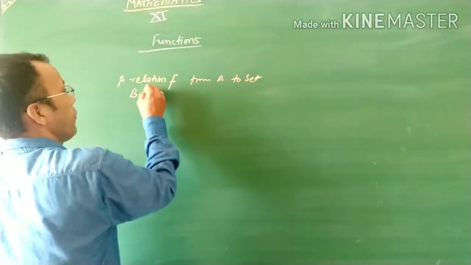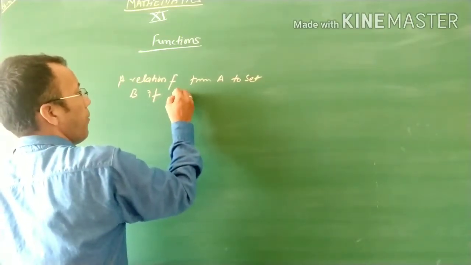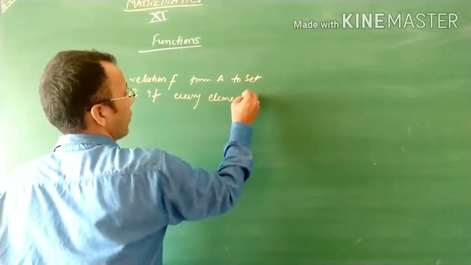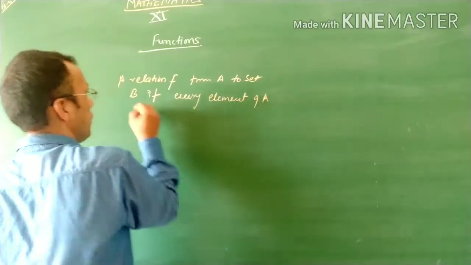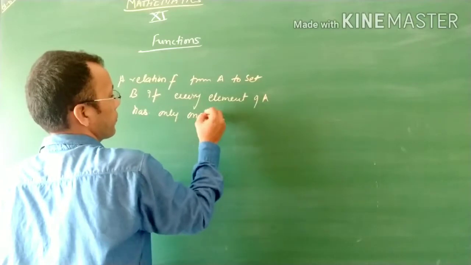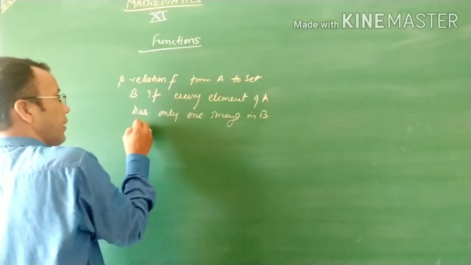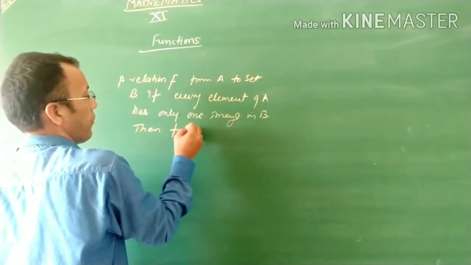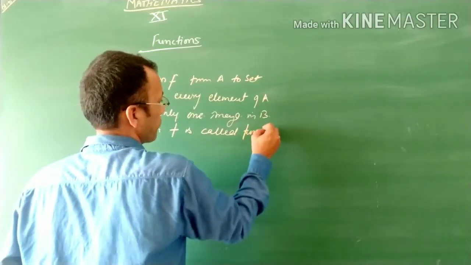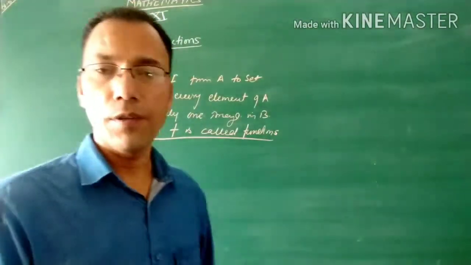If every element of A has only one image in B, then F is called a function. That is the mathematical definition.